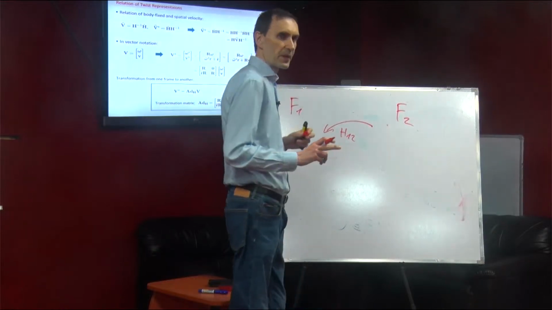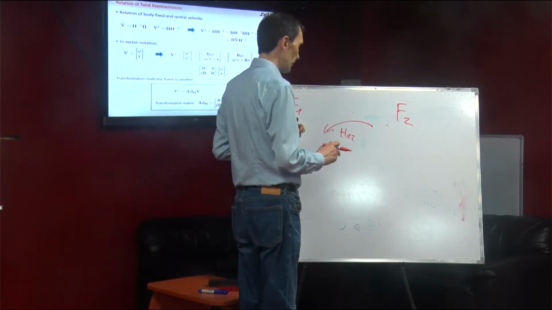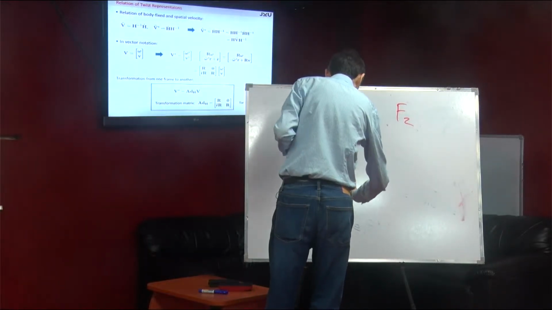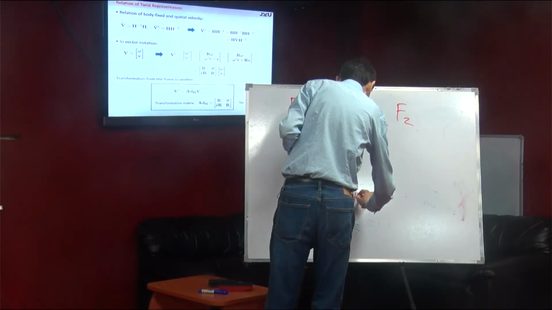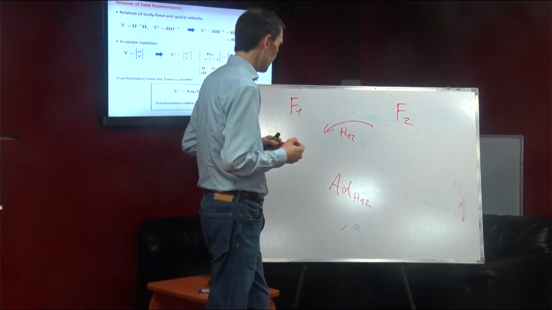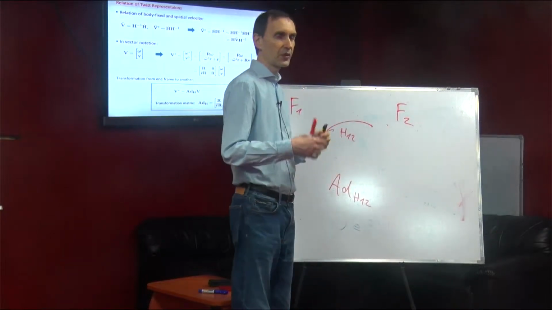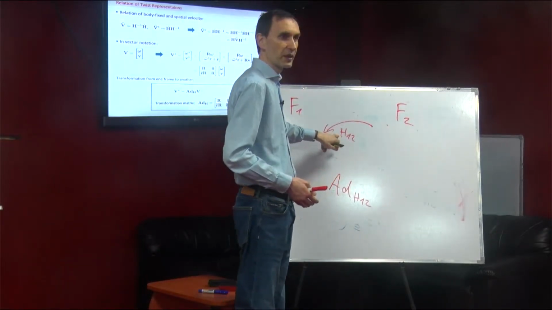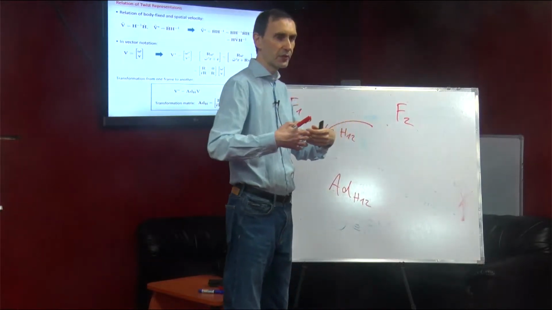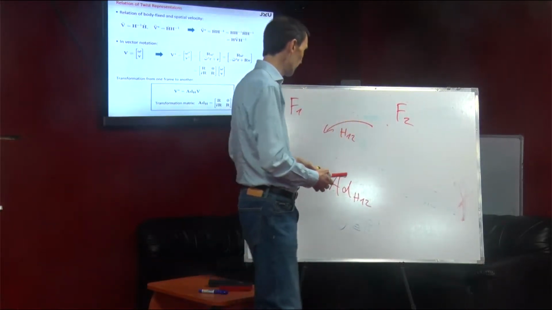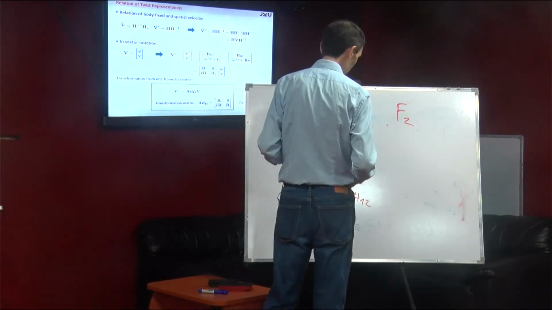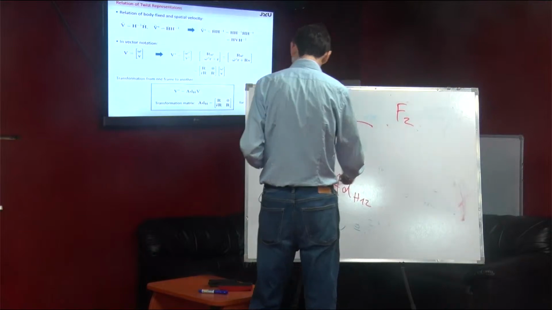When you transform twists or screw coordinates from F2 to F1, this goes with what we now call the adjoint matrix of H1,2. And it's called the adjoint because it goes along with this matrix. So there is this point coordinate transformation, and adjoint to it goes the transformation of the twist. And that is the 6 times 6 matrix. So this is the 4 times 4 matrix, and this is the 6 times 6 matrix.